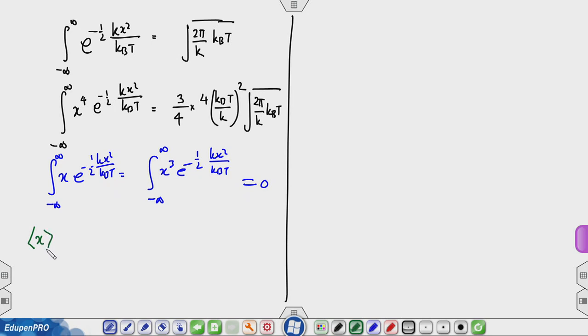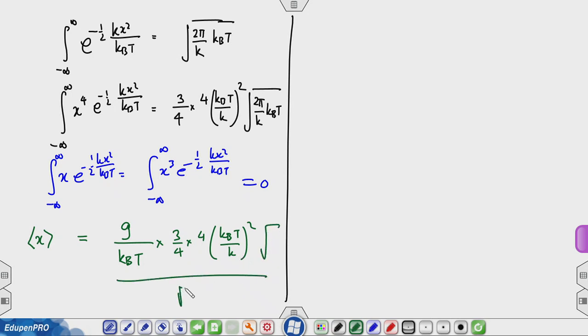average x equals, the first term was 0, the second term I think I forgot it in the last slide, it is g over k B T times 3/4 times 4 k B T over k whole square times that square root term divided by the square root term.